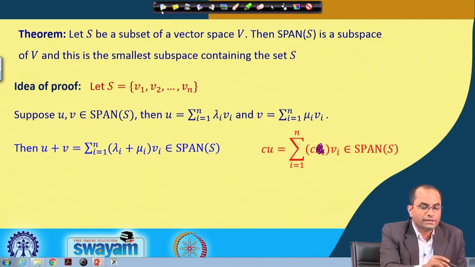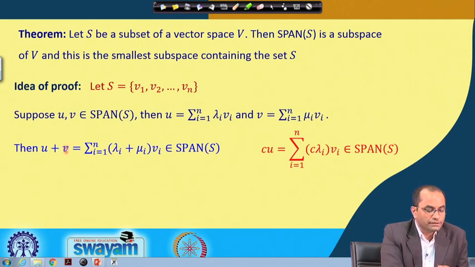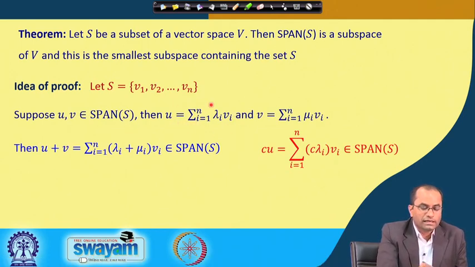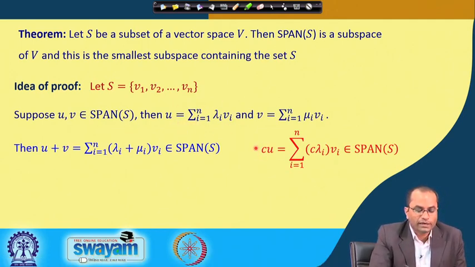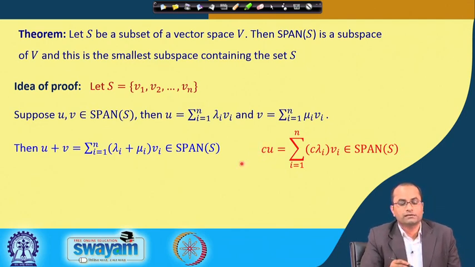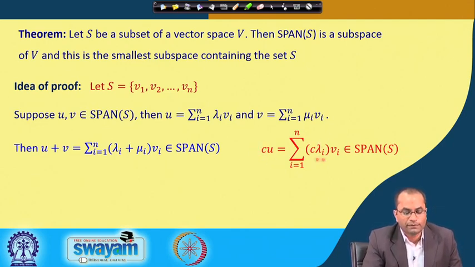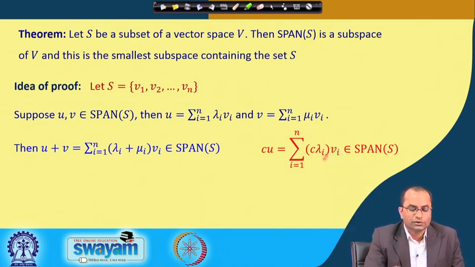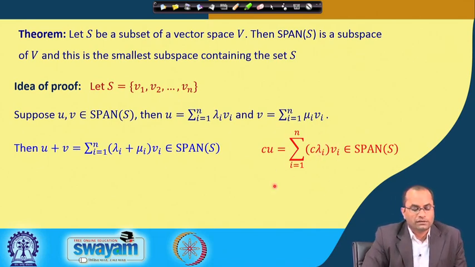Because u is a linear combination, already written as the sum of lambda i vi, when we multiply by a scalar c, we get c lambda i times vi. This c lambda i is another real number, and this is another linear combination of the vi's. Since all linear combinations belong to span S, this element will also belong to span S.